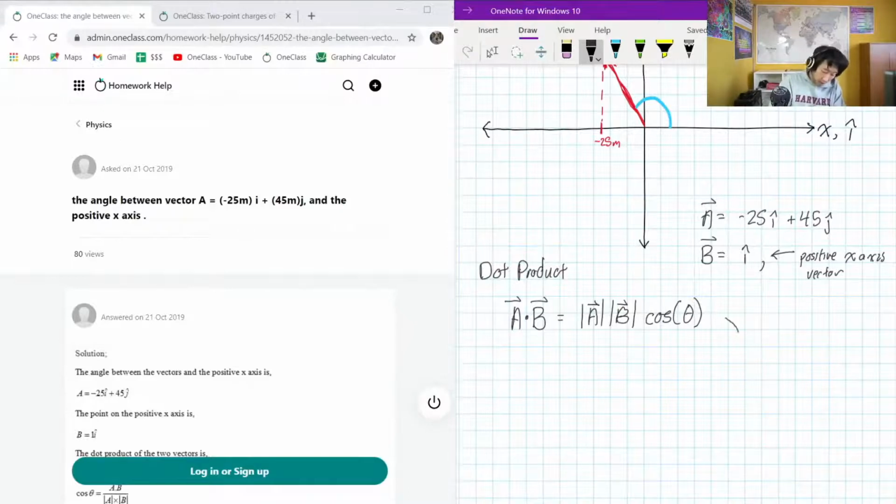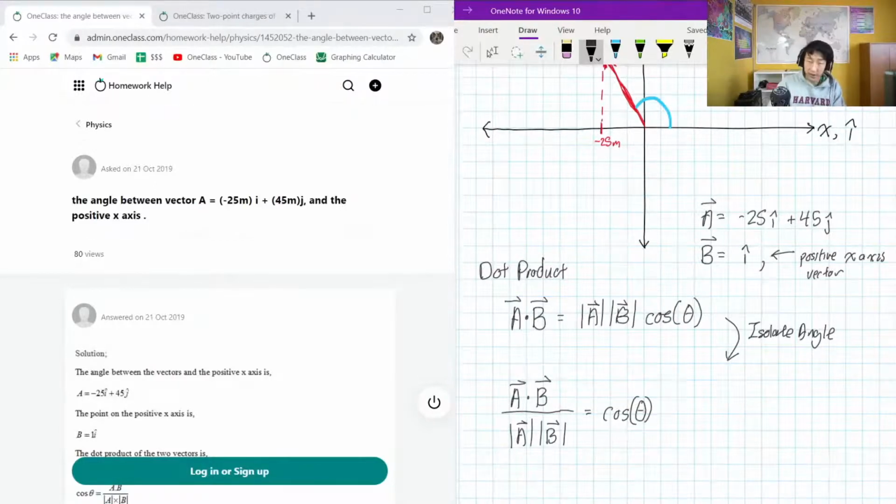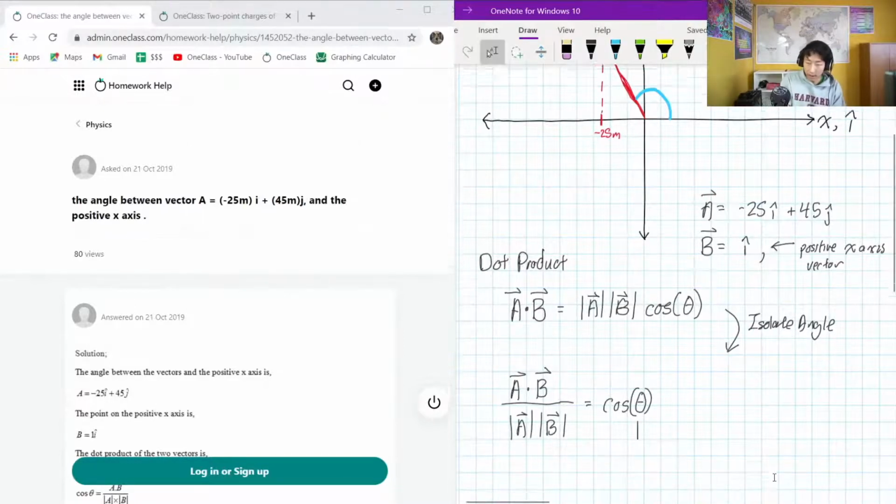So if we want to isolate the angle, then we're going to do the dot product of A and B divided by the magnitudes of A and B. This will give us cos of the angle, and we just got to inverse cos both sides to get the theta out of the cos. But we'll leave that in for now, just so it's a little bit easier to write.